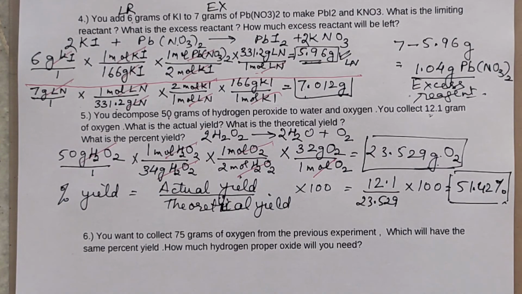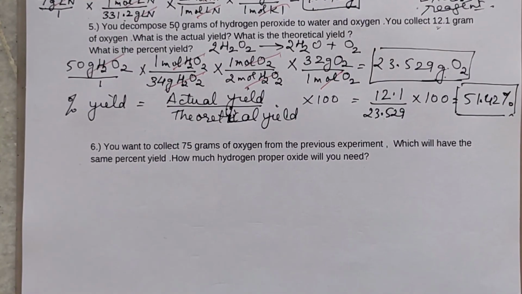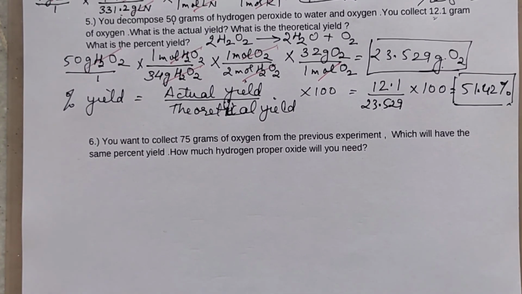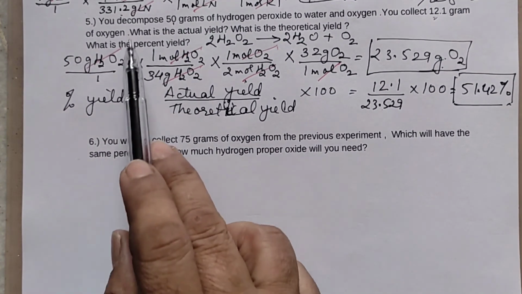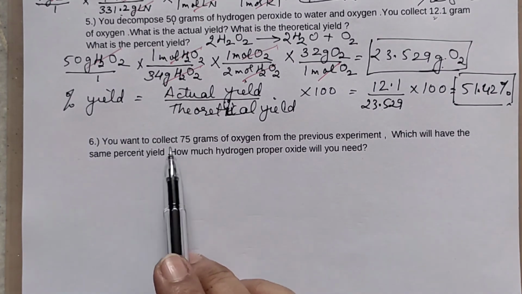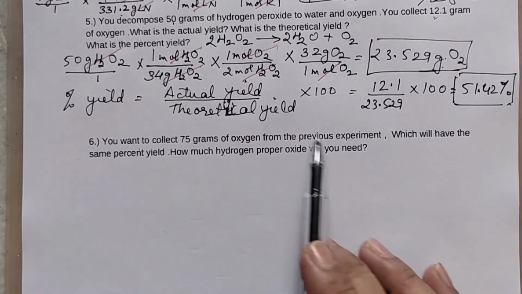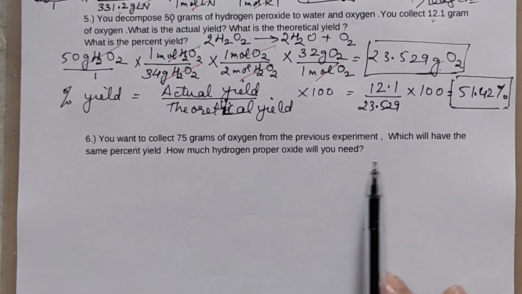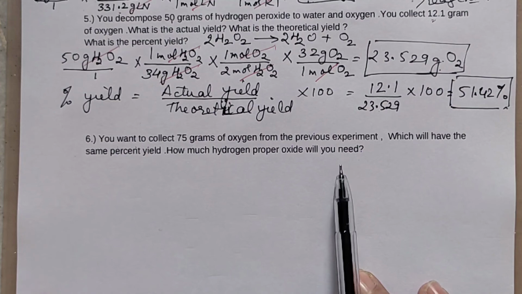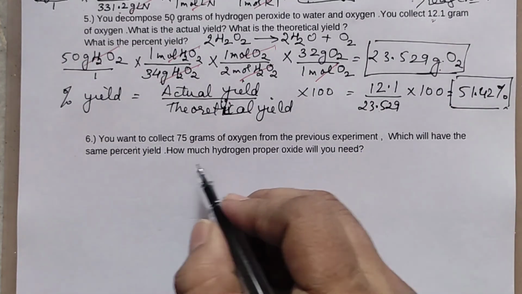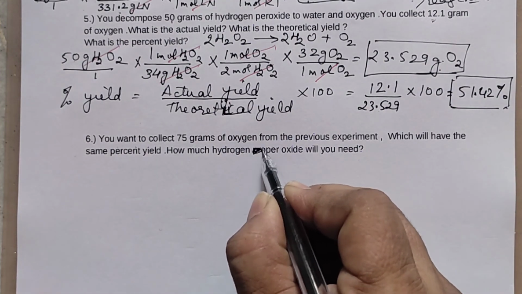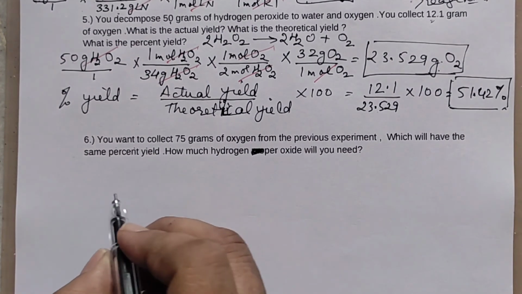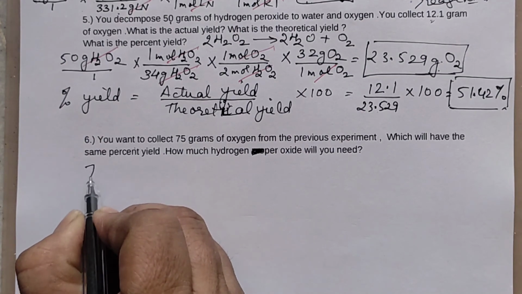Right? Yeah. Now moving on to the next one, which is actually a continuation of the previous question. The question says, with reference to the first one, you want to collect 75 grams of oxygen from the previous experiment. Right? Which will have the same percent yield, and how much hydrogen peroxide will you need. Okay, so let's go ahead with this. 75 grams of oxygen.